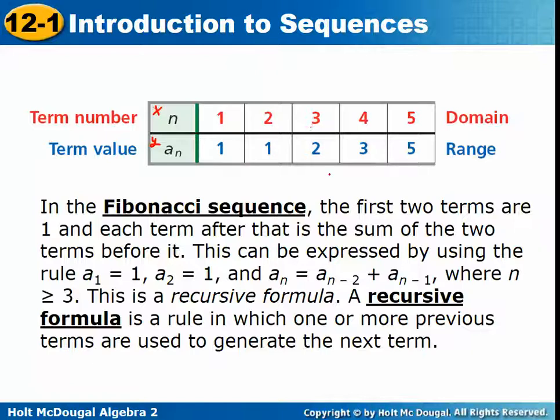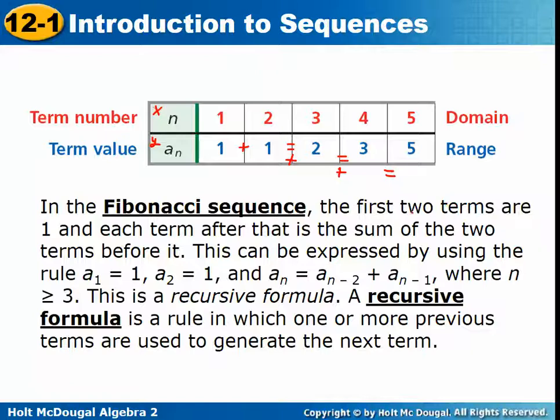This is the Fibonacci sequence. In this sequence, you add the first two terms together, so 1 plus 1 is 2. And every term after that is the sum of the two terms before it. So you take 1 plus 1, and that equals 2. And then you take 1 plus 2, and that equals 3. And then you take 2 plus 3, and that equals 5, and so on.